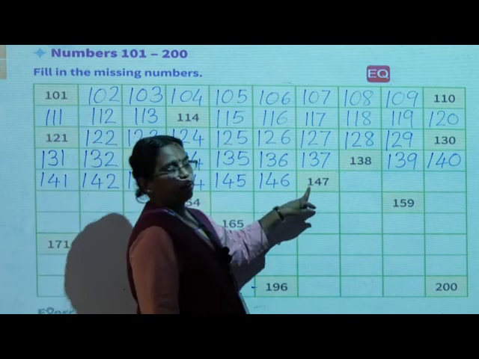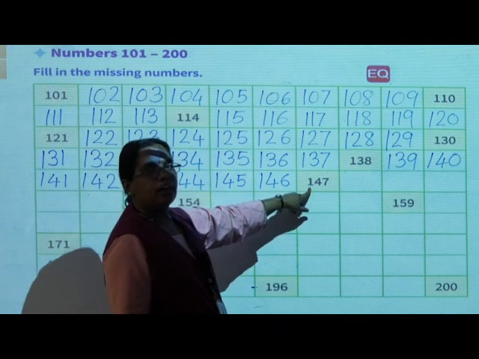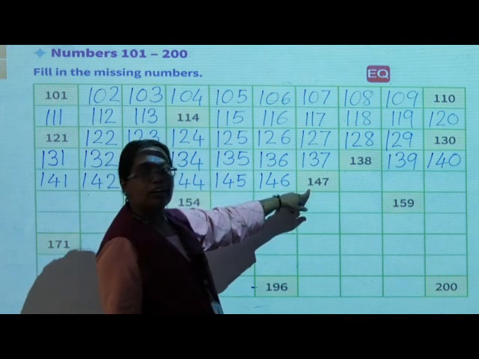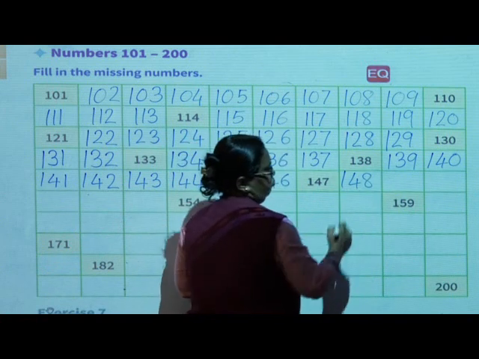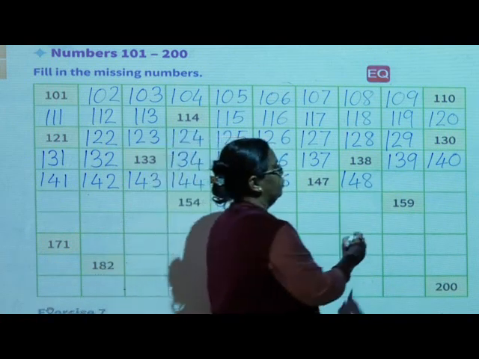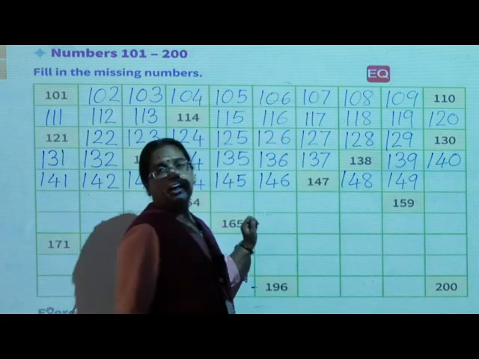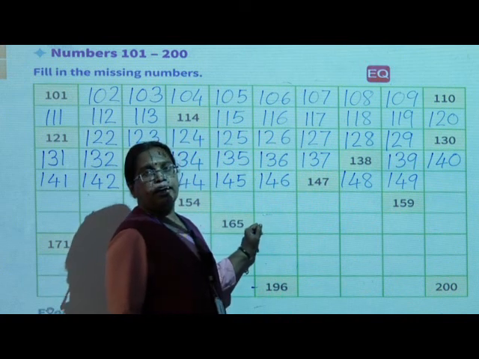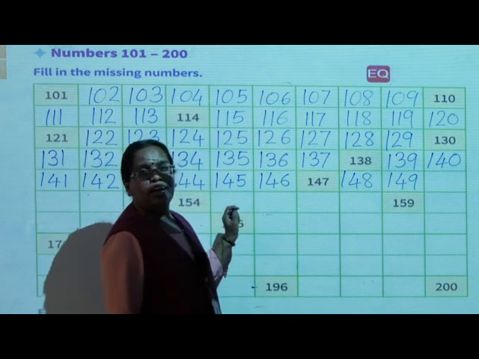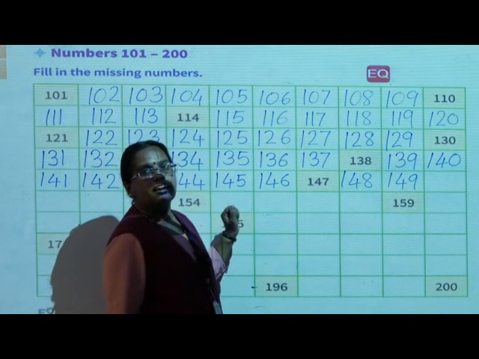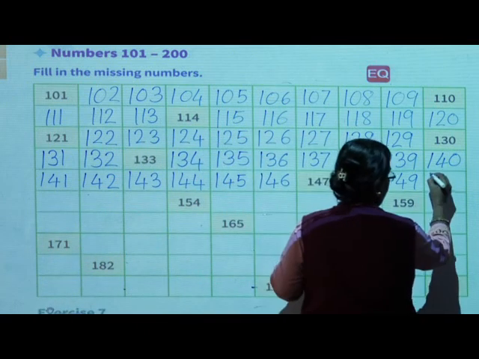Then 147, it is given. Okay, already it is there. Then after 147, 148. Then 149. Now what will come after 149? 160. Okay, or 171. Okay, 150.